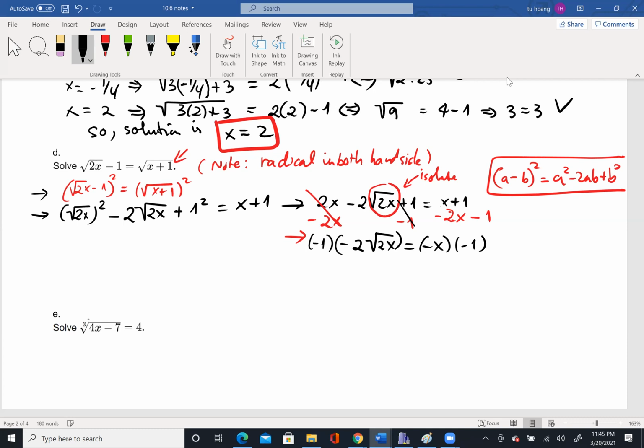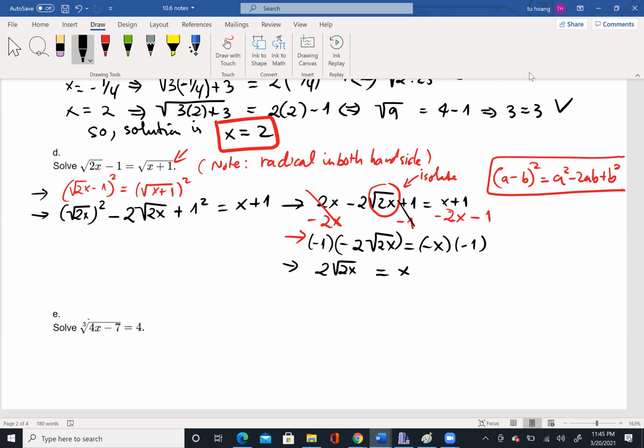So the left hand side is going to be 2 square root of 2x equal to x. For now, you can divide by 2 on both sides to isolate the square root of 2x.